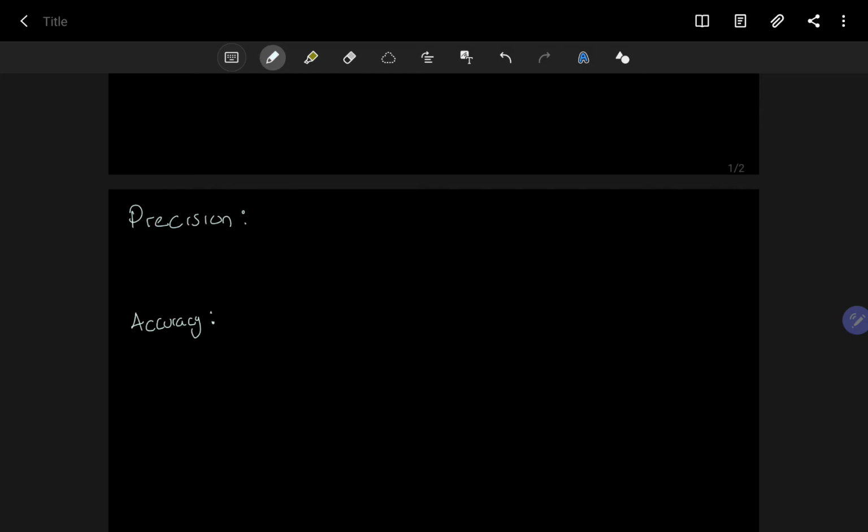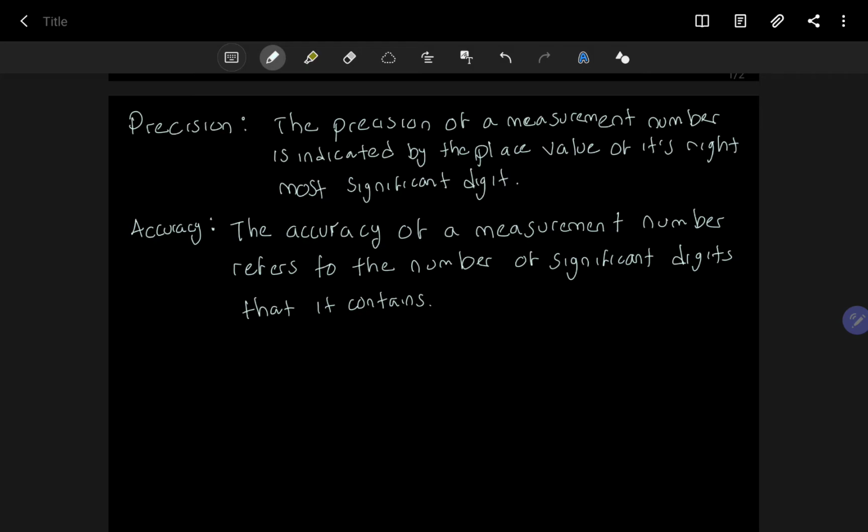Okay, so when we're looking at precision and accuracy, the precision of a measurement number is indicated by the place value of its rightmost significant digit, while the accuracy refers to the significant digits that it contains.